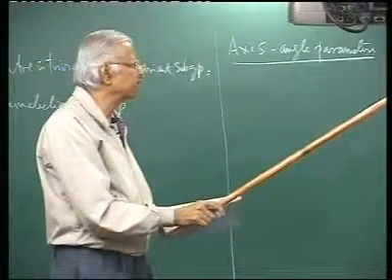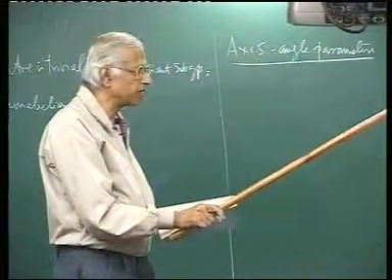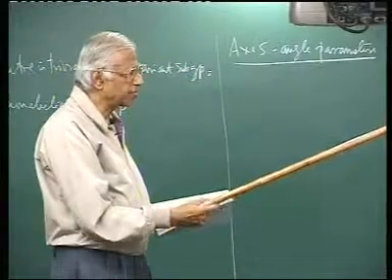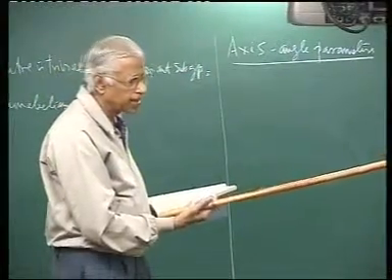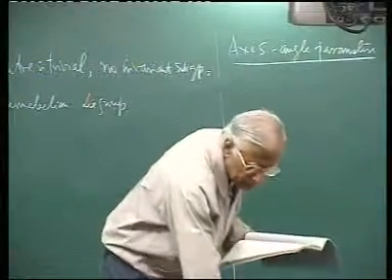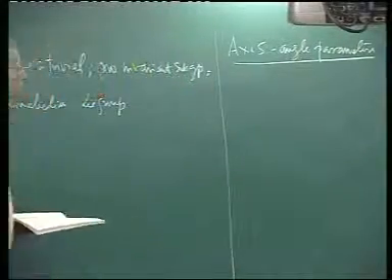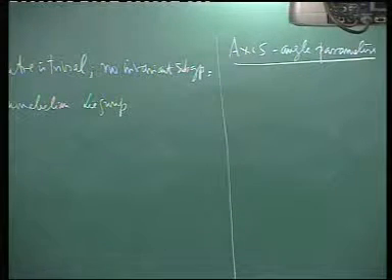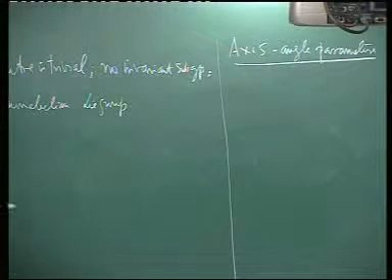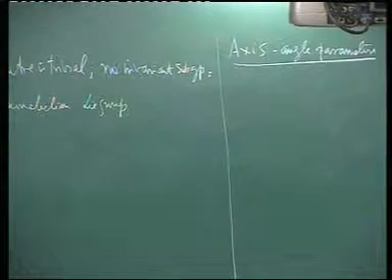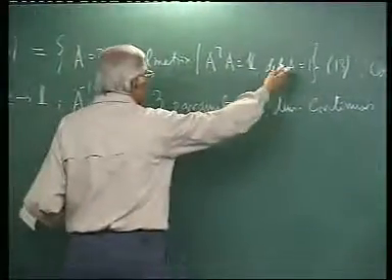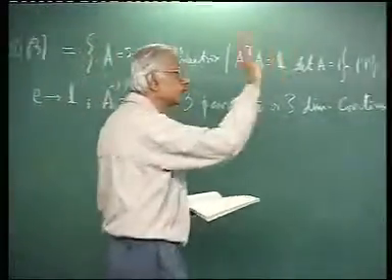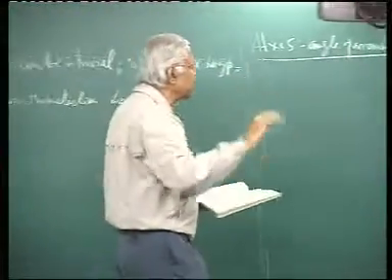Here is the axis n with some components n1, n2, n3, a unit vector, and I do a right-handed rotation by angle alpha around n, and I want you to convince yourself that that rotation of Cartesian coordinates in 3 dimensions is described by this 3 by 3 matrix. So I am saying every matrix in the defining representation of SO(3) is of this kind for some axis n and some angle alpha.